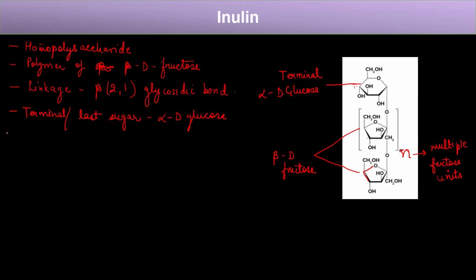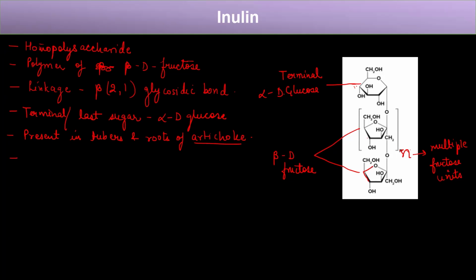Now, where are these present? The inulins are present in tubers and roots of a plant known as artichoke. So inulins are present in the roots and tubers of artichoke. Apart from these, inulins are also used in humans.